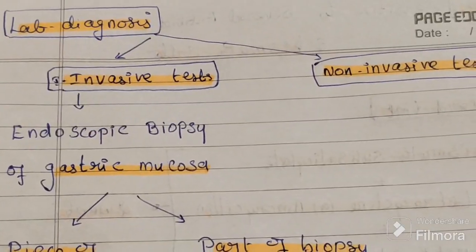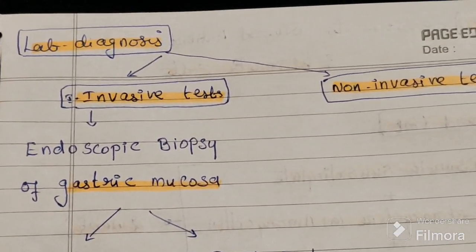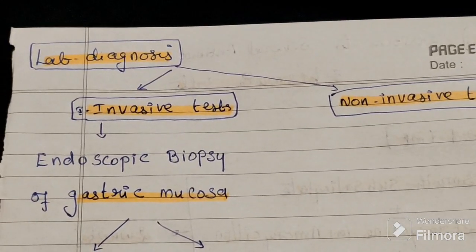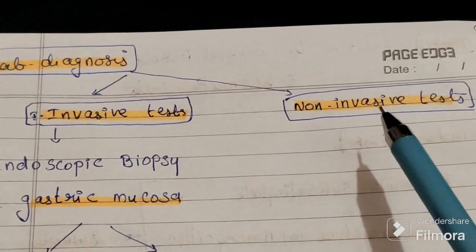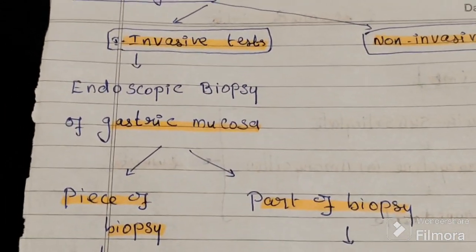Next is laboratory diagnosis of H. pylori. This is done by two types of test: invasive and non-invasive. First, invasive.